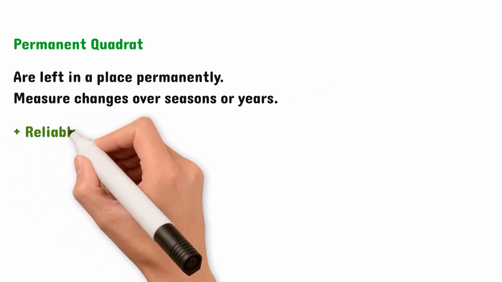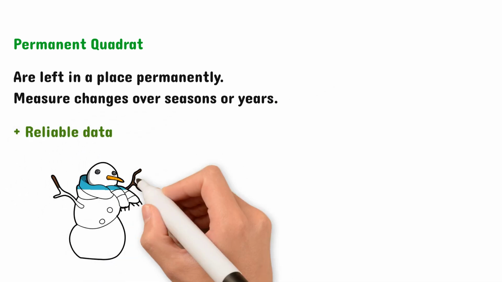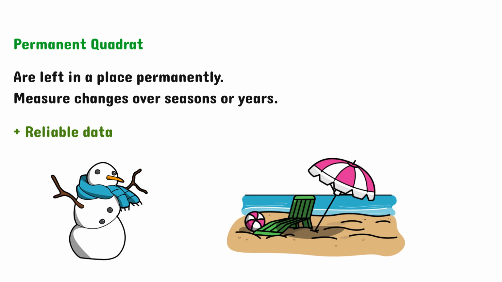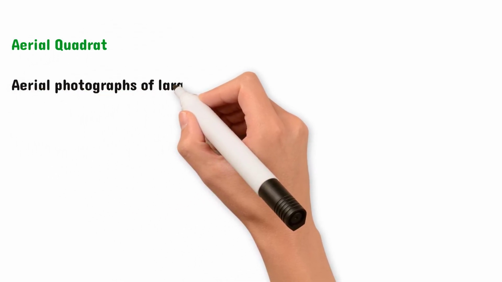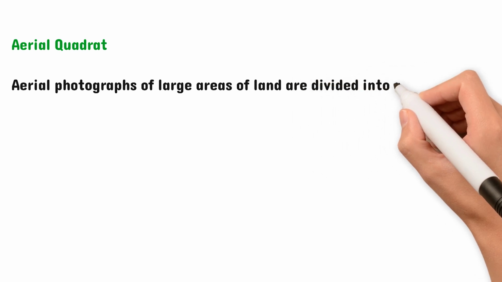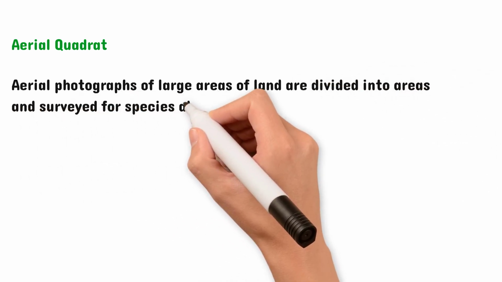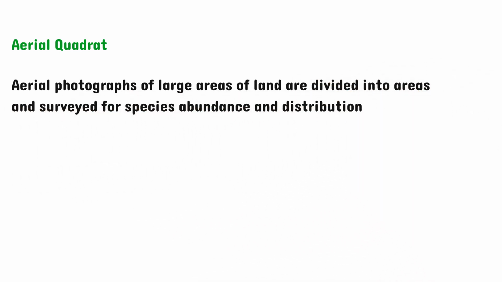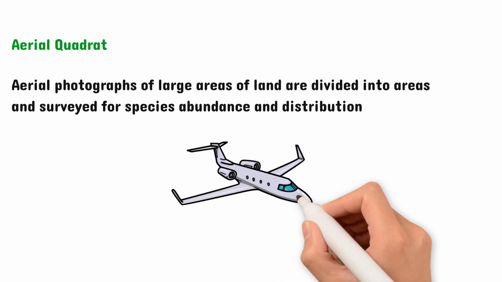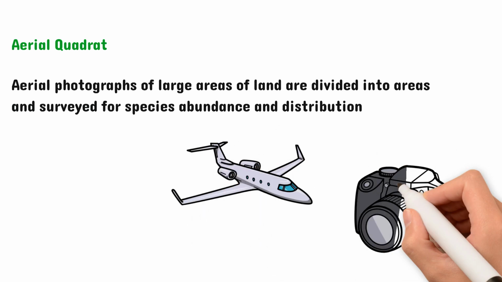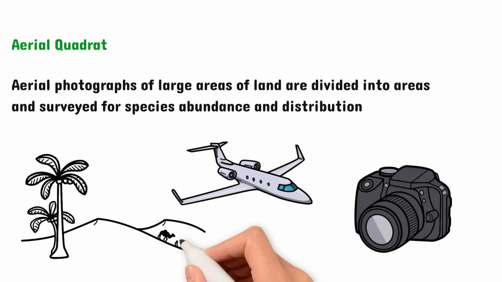The big advantage with them is that they have reliable data. Lastly, we have aerial quadrats, and these are aerial photographs of very large areas of land, and they're then divided into areas so they can be surveyed for species abundance and distribution. They're often used for very large areas that are hard to reach, such as deserts or savanna.